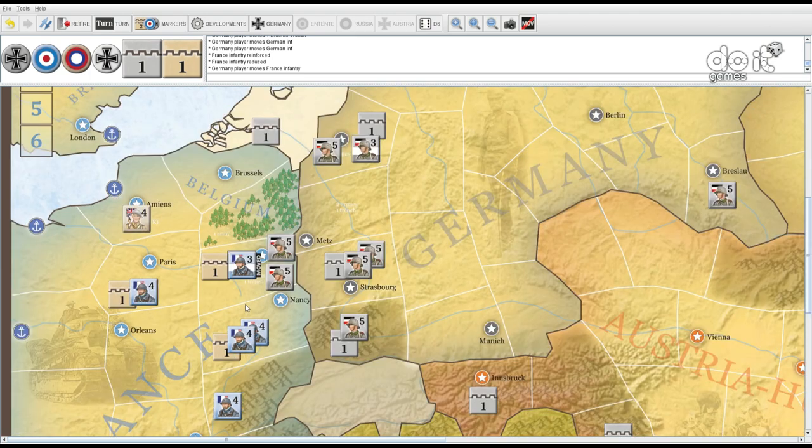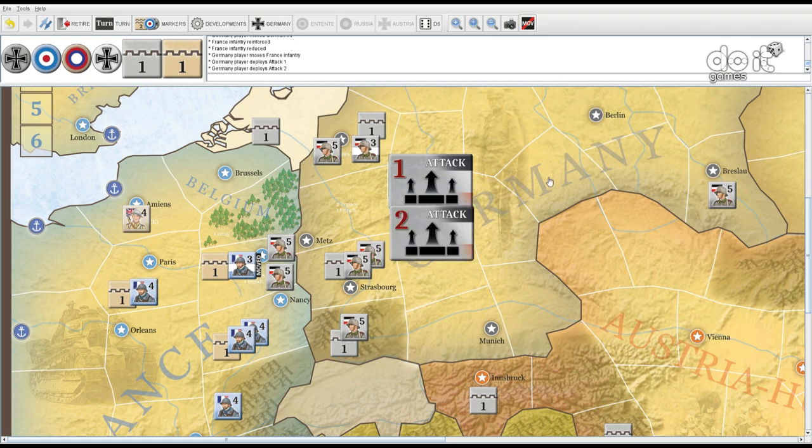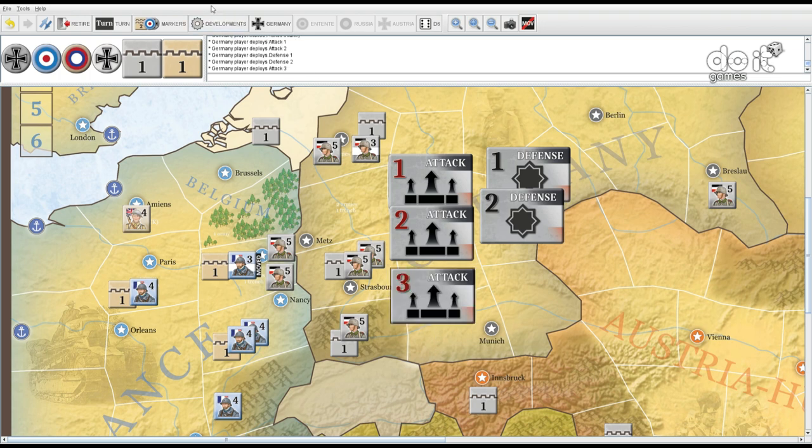Lastly, let me explain how the technologies work. The defender can use the defense technology, and the attacker can use the attack technology.